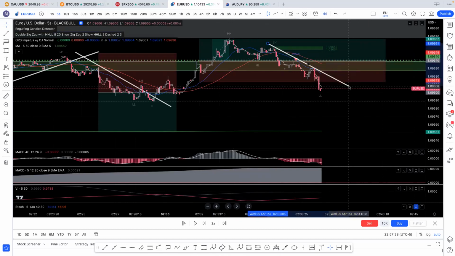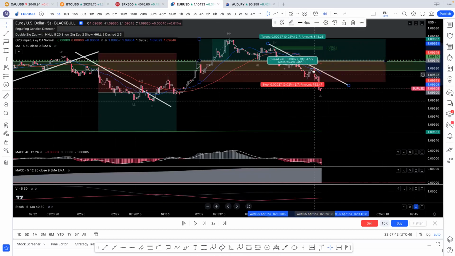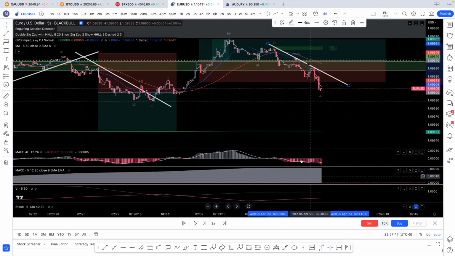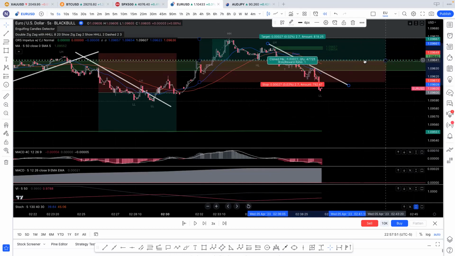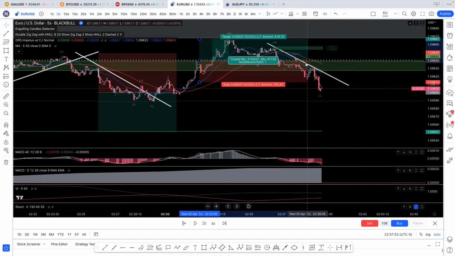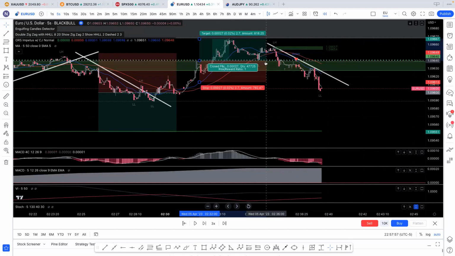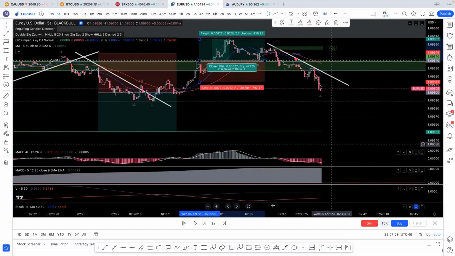Not trapping the triangle, but trapping the trend. And I'm going to wait for this MACD to possibly go up. Let's see.